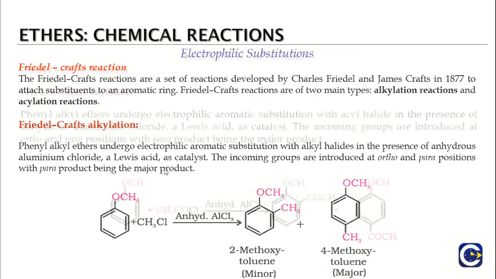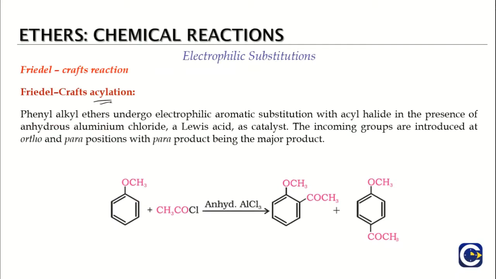Another reaction we have is Friedel-Crafts acylation reaction, in which we react anisole, or the phenyl alkyl ether, with acid chloride. Acid chloride, or acyl chloride as we also call it. Their reaction is in presence of again AlCl3 as catalyst. This is the catalyst of the reaction.